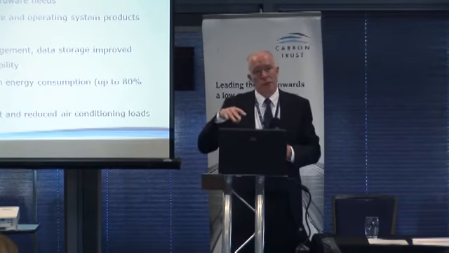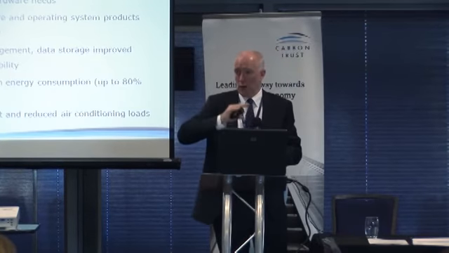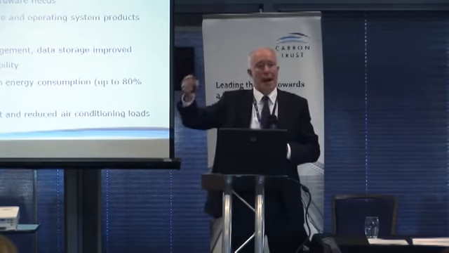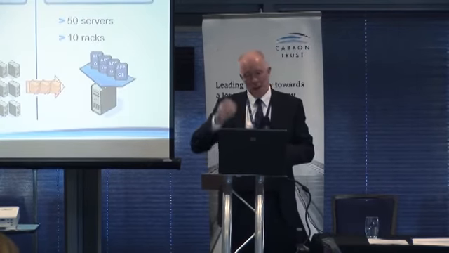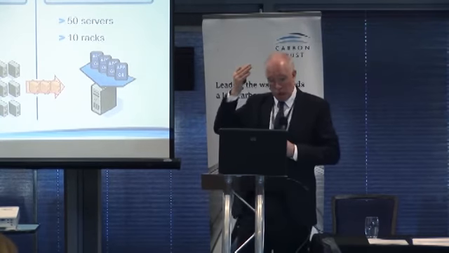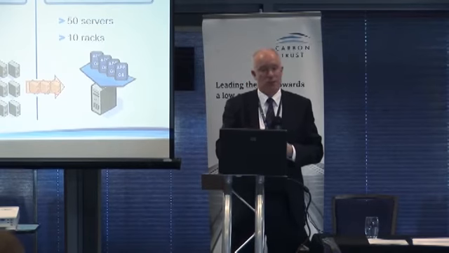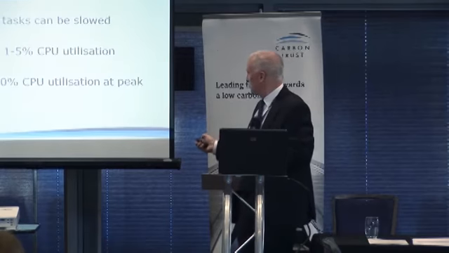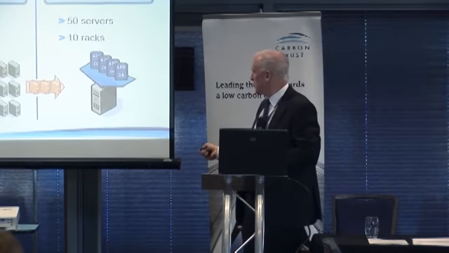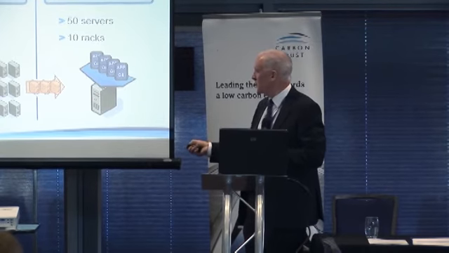And of course, if we combine this with thin client technology, then we move a lot of the processing into the computer rooms and out of the offices. That makes places warmer, and I'll link that up with thin clients in a second. So we've typically got a huge server room, 1,000 servers on 200 racks, 5 servers per rack, and what we're now doing is putting multiple operating systems on each individual server, perhaps 20 per server, so each server is now the equivalent of 20 of these boxes.